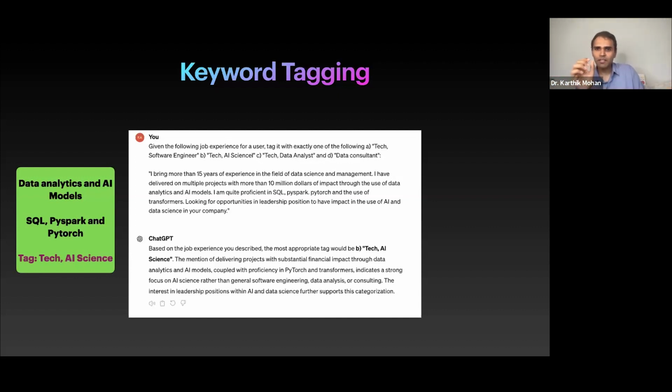This is the sophistication and nuance that modern day LLMs and ChatGPT bring to the table in correctly picking out very close keywords, and differentiating even much better than traditional AI models are able to do. So keyword tagging, we looked at a couple of examples here.